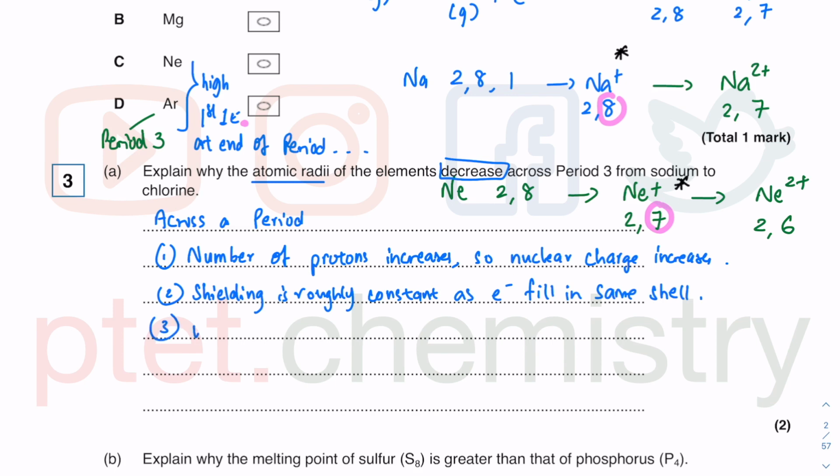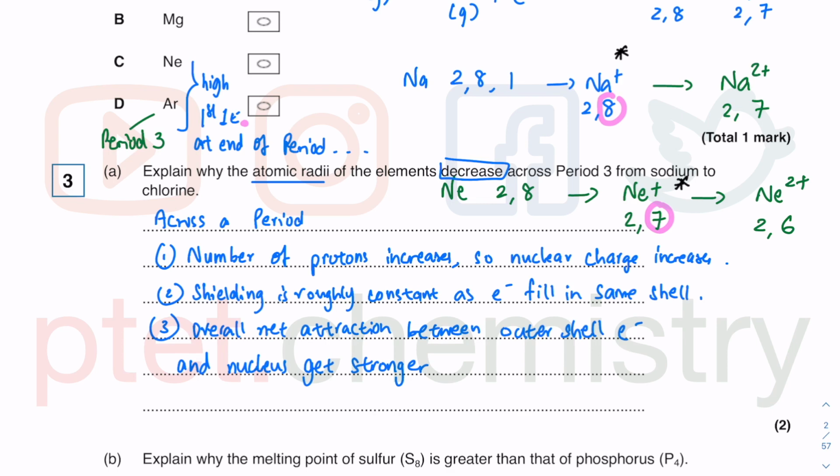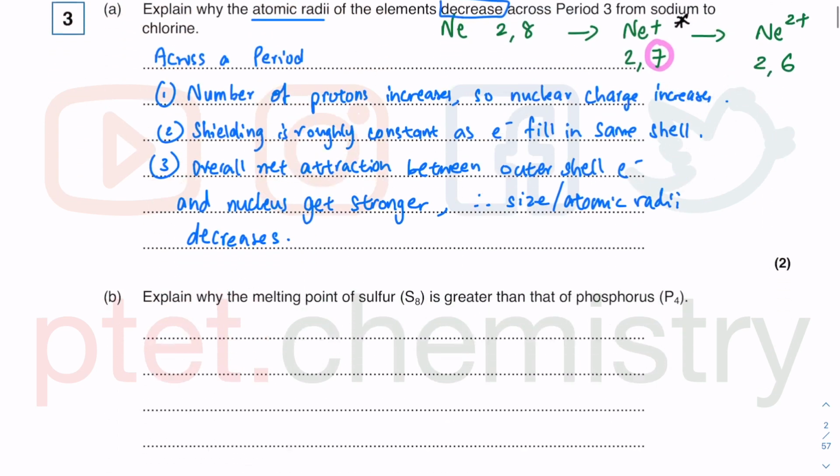So the overall net attraction between your outer shell electrons, because that is what governs your size, and your nucleus will get stronger, as the shielding is about the same, but you have more nuclear charge and more electrons on the outside. Therefore, atomic radii will get smaller and smaller as you pull the outer shell electrons closer to the nucleus there.